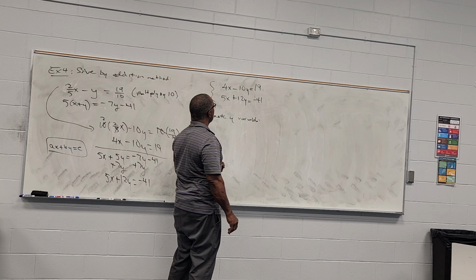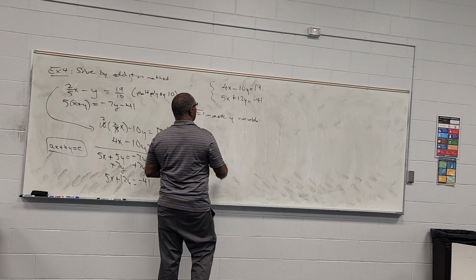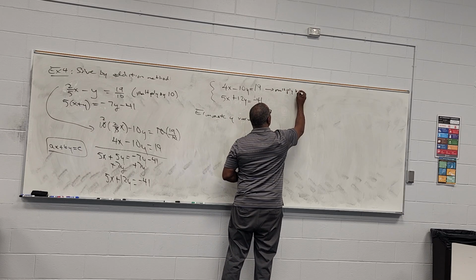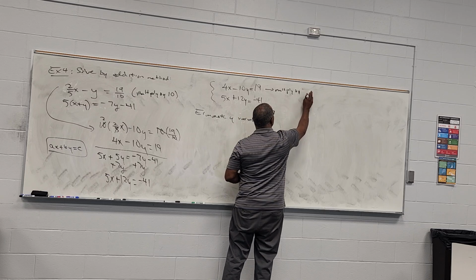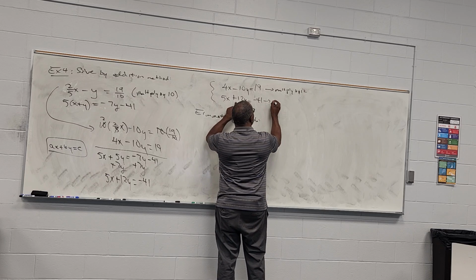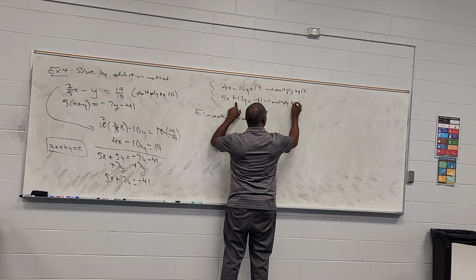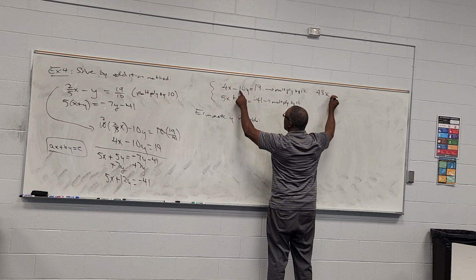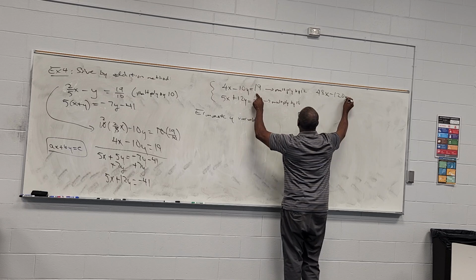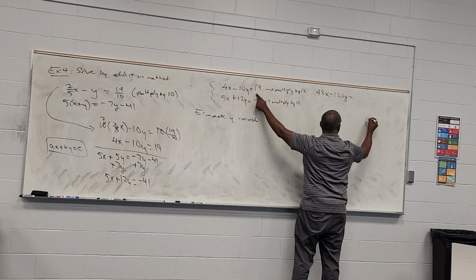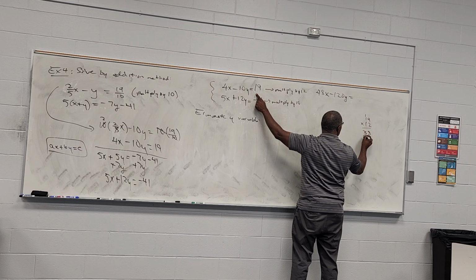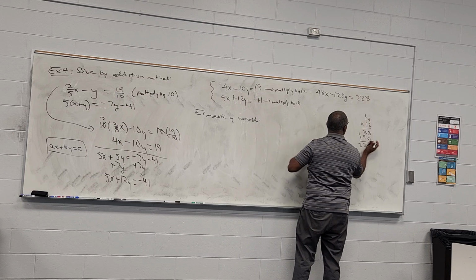So I'm going to multiply every term in this equation by 12. 12 times 4 gives me 48x. 12 times this one gives me negative 120y equals 12 times 19, which is 228.